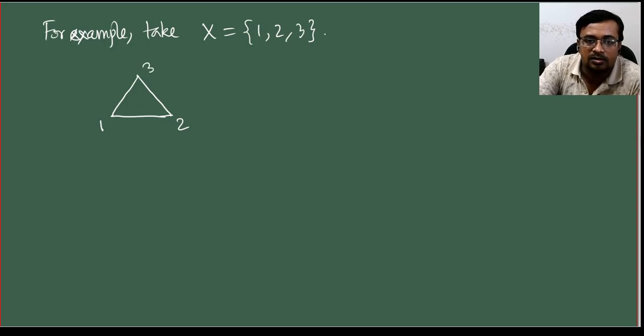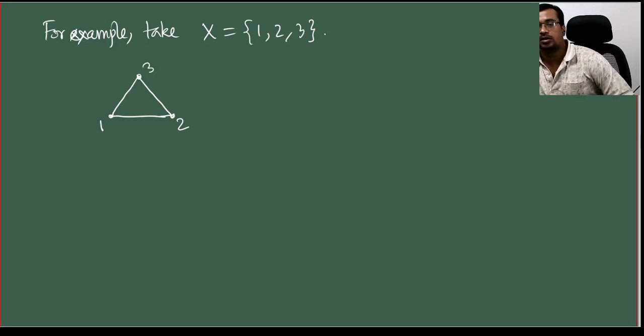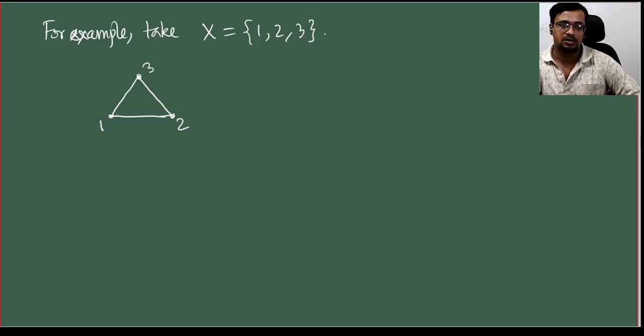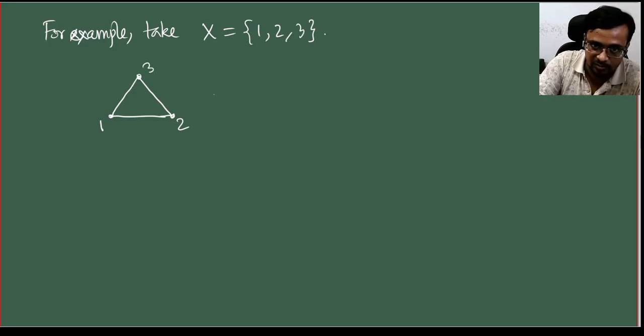So vertices are labeled as 1, 2, 3. Then you can think about rotational symmetry of this triangle. So this gives a permutation on the set X, a map from X to X; you get a rotational symmetry.